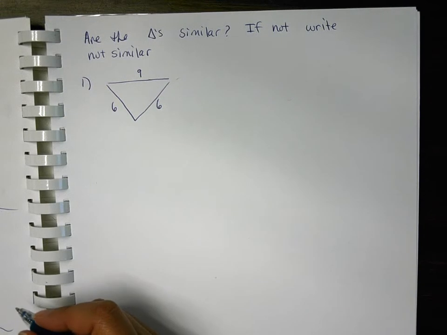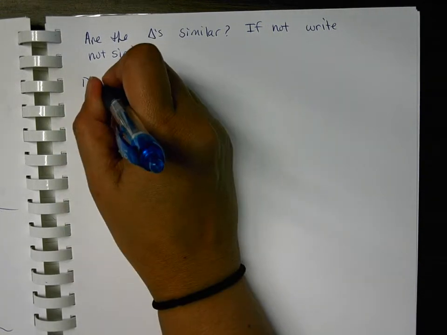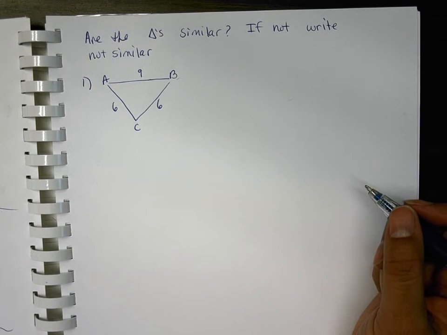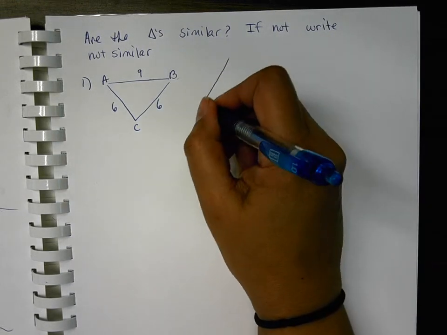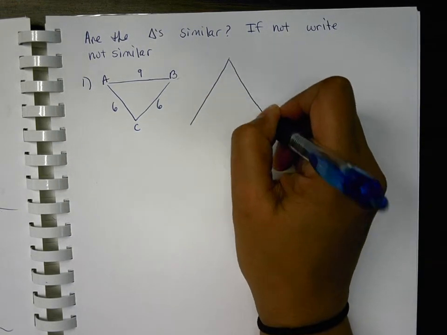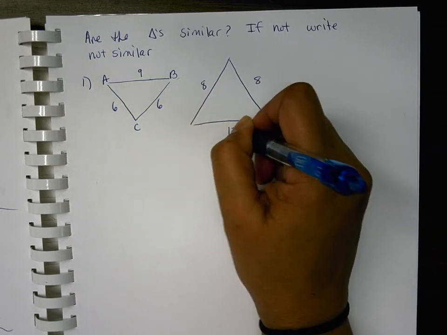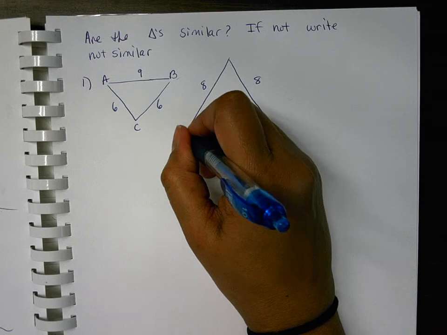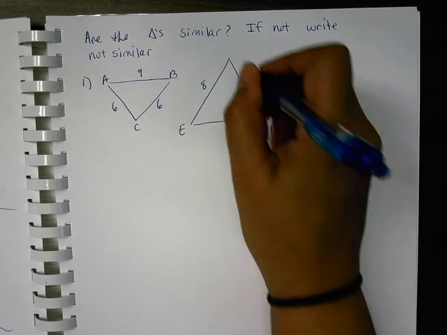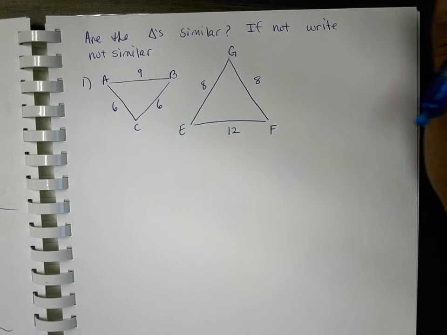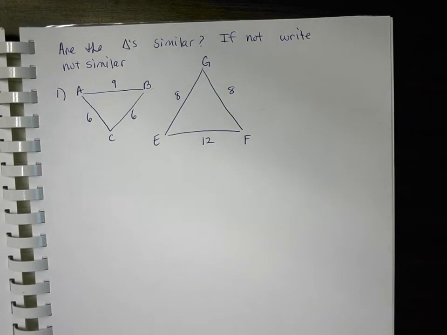Okay, draw it with me. I have a 9, 6, 6. I'm going to call this ABC going around clockwise. 8, 12, EFG. Okay.